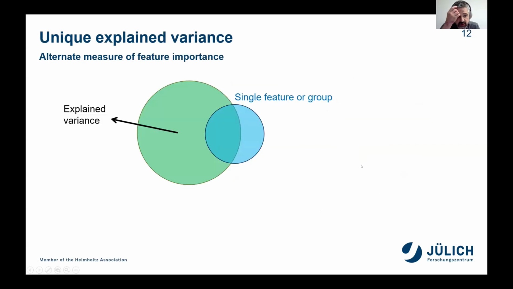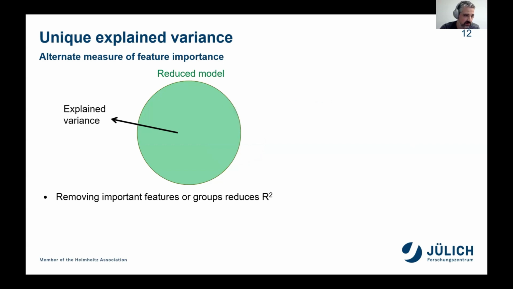And we can take advantage of that to quantify how well individual variables really contribute to explained variance. What's neat about this is that you can think of it as a sum of a big whole. When you look at these two circles, that would be a representation of the explained variance. In this case, both of these circles combined would be how much a full model can explain the variance in the neural data. However, if I take a feature out of the model, some of the explained variance is now lost.